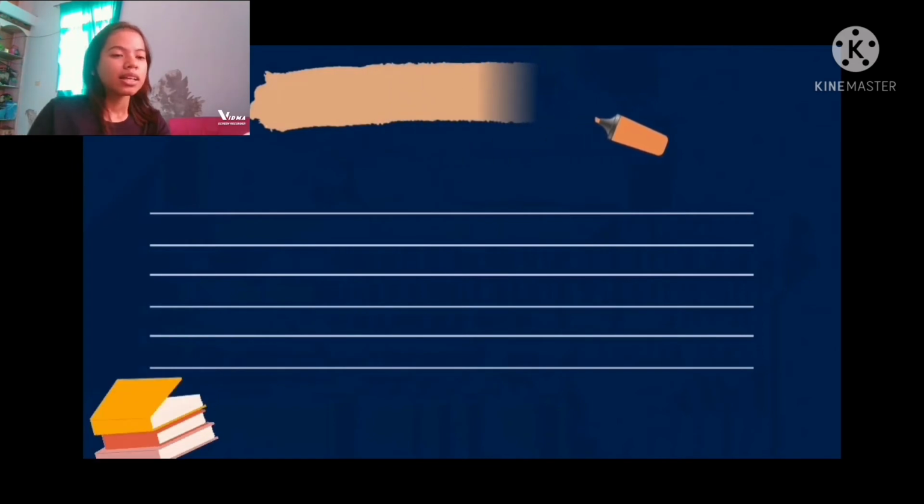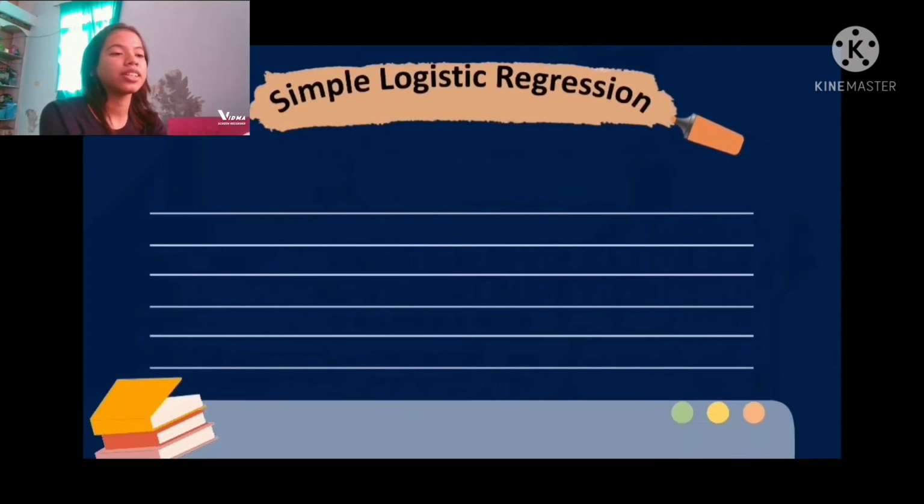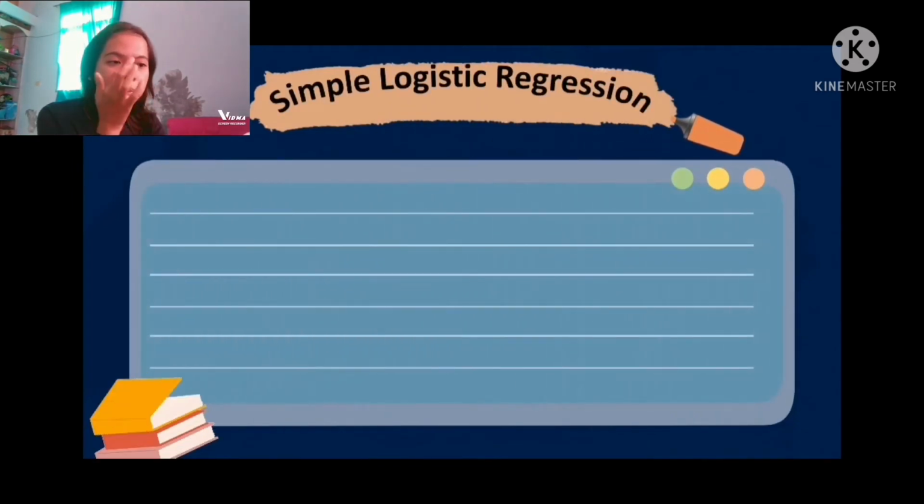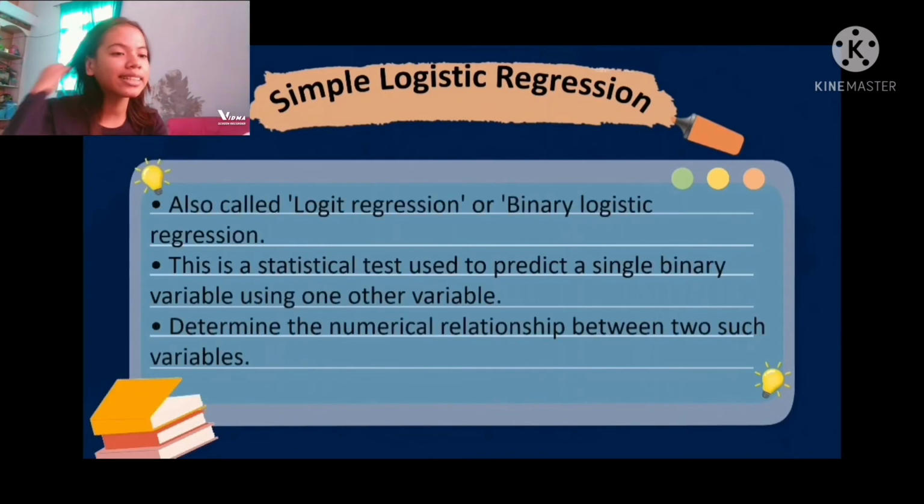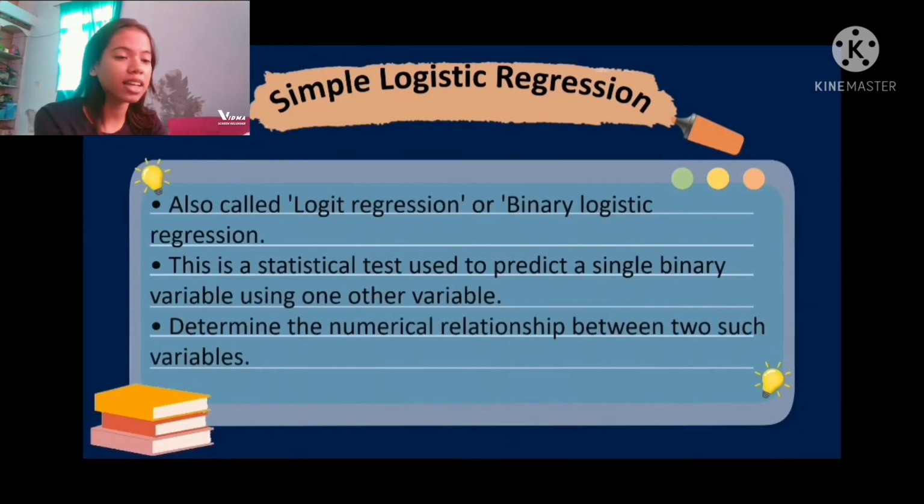So, what is simple logistic regression? Simple logistic regression is a statistical test used to predict a single binary variable using another variable. This is also called logit regression or binary logistic regression.